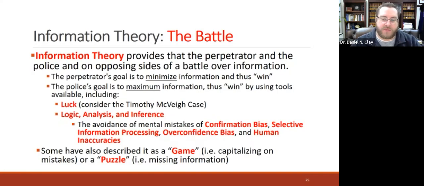Now, that being said, we have to avoid mental mistakes like confirmation bias. So if we walk into a scene or a situation thinking that A, B, C, D is what happened, guess what? We're going to find evidence, and only evidence, of A, B, C, and D, right?